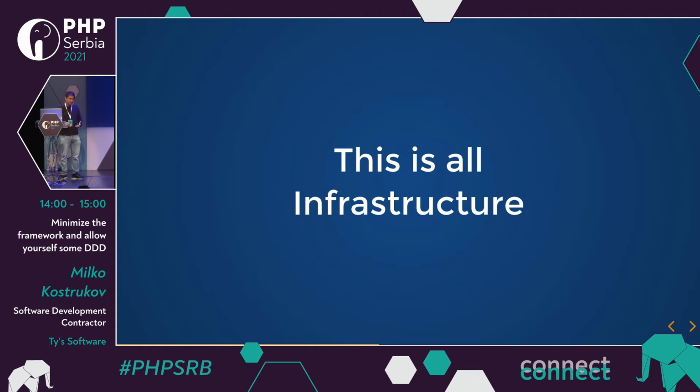We've lost the domain. One more thing is that this infrastructure tends to leak into our applications. We just start with it because it's very familiar, and we like familiar stuff.